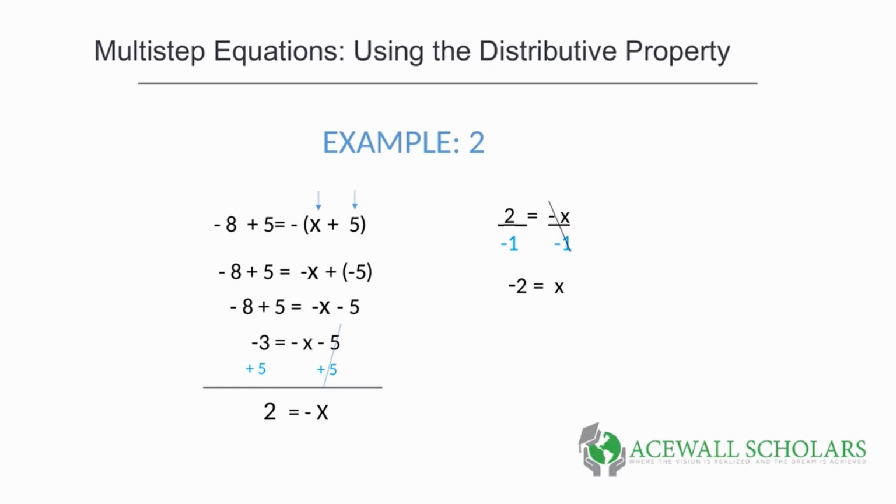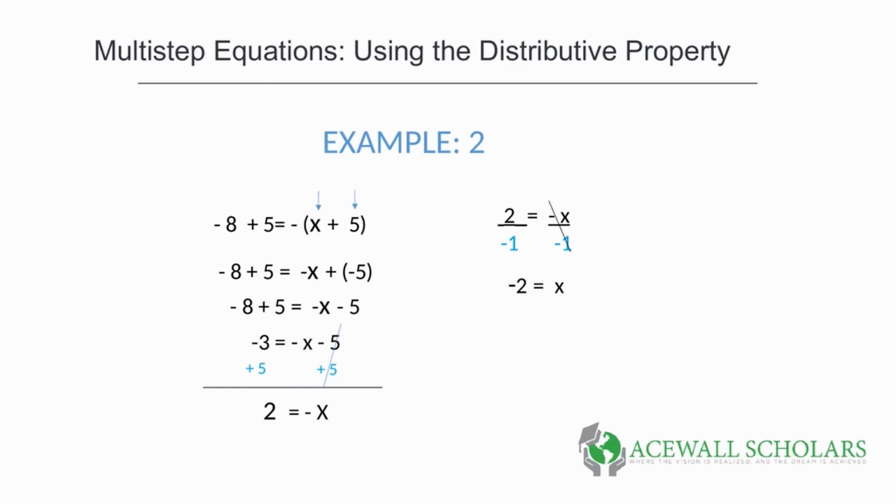We're not done here because we have that -x in front of our variable, which is the same as saying there's a -1 in front of our variable. So to get our x by itself, we're going to divide out by -1 on both sides. Our answer is x equals -2, or you could say -2 equals x.